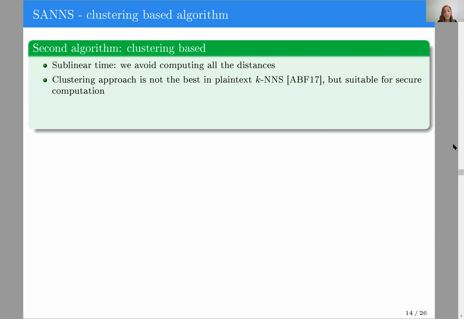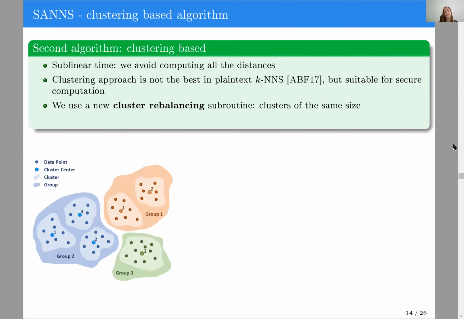The idea is that the owner of the dataset starts by clustering the database using k-means clustering. We observe that this clustering gives us very unbalanced clusters, with different numbers of elements inside. So we modified the k-means clustering a little bit, and introduced some rebalancing in order to have all the clusters of the same size at the end. And if some are smaller, we put some garbage inside.